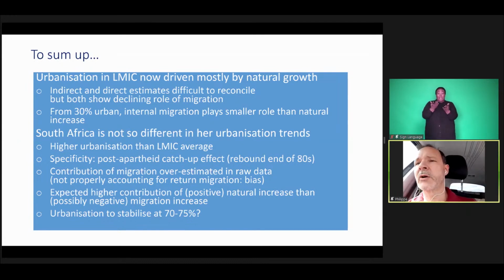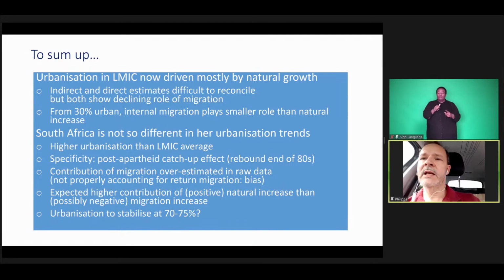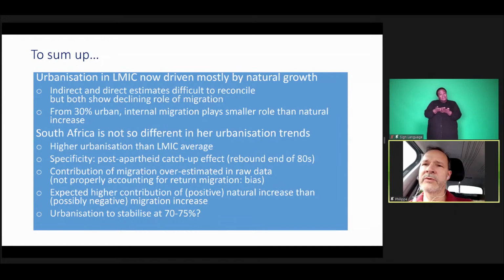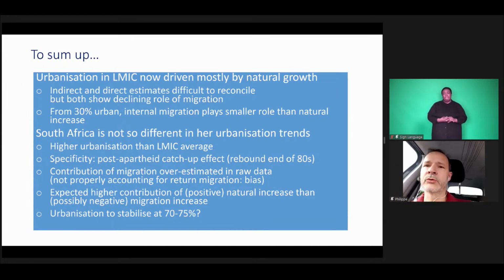Sometimes the indirect and direct estimates are difficult to reconcile, so they are not showing exactly the same level of contribution, but this could be due to the different kind of data and also different countries that are covered by both estimates, but both show that migration has a declining role, to the benefit of natural growth.